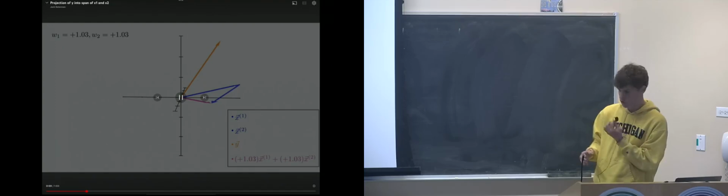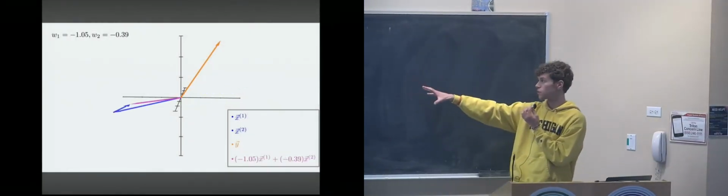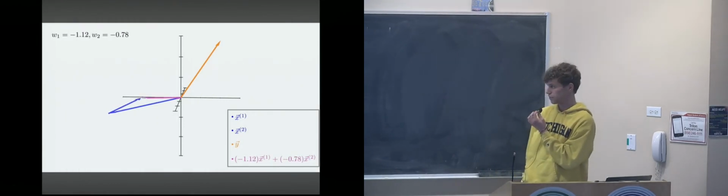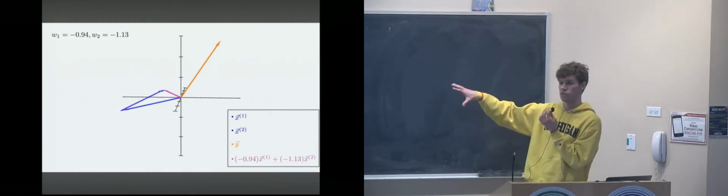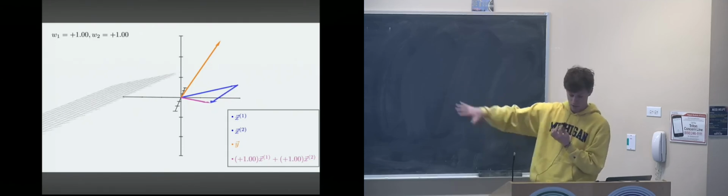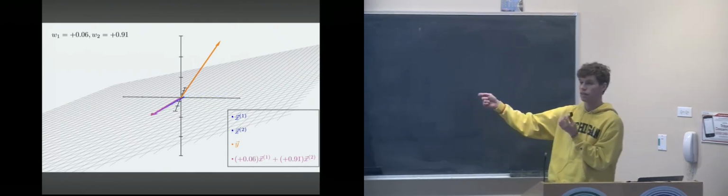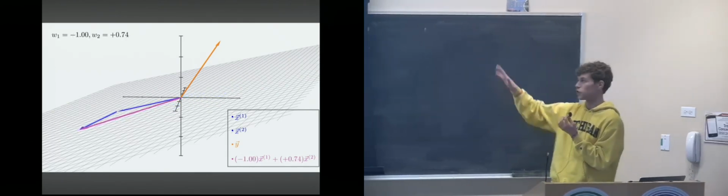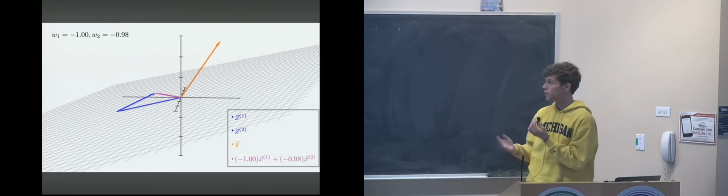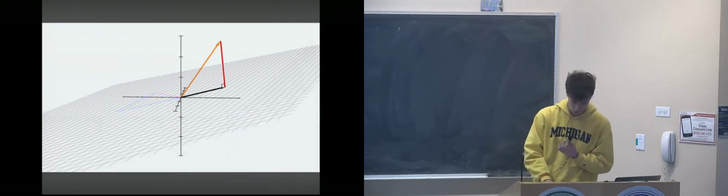And as these coefficients change, the linear combination of x1 and x2 also changes correspondingly. And if we were to visualize this span in 3 dimensions, what it would look like is a plane like this. And as you can see, this plane does not actually contain the vector y that we're trying to project onto the span. And so what we need to do is find a vector that is as close as we can get to y.